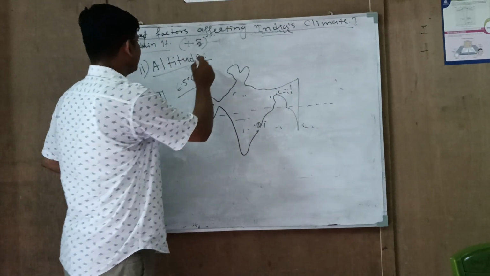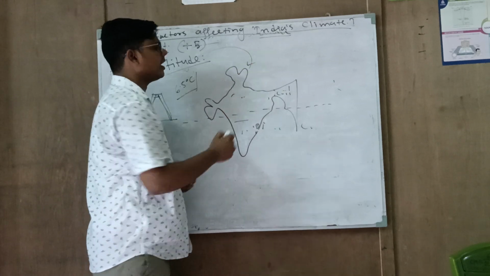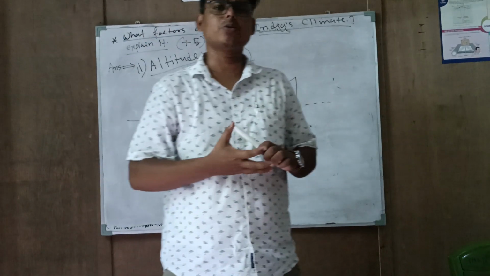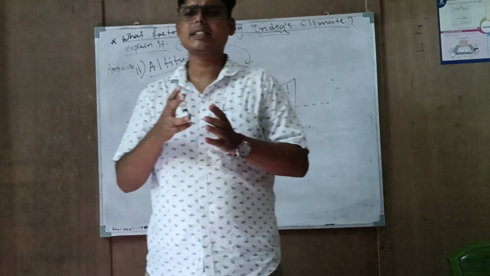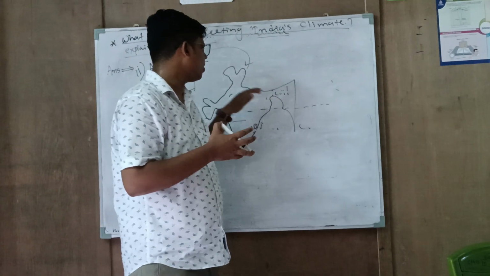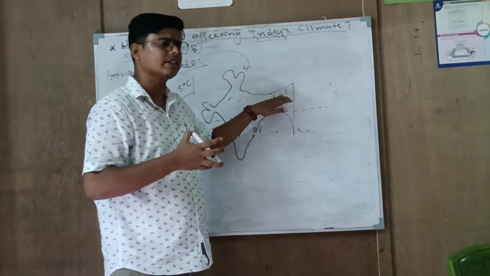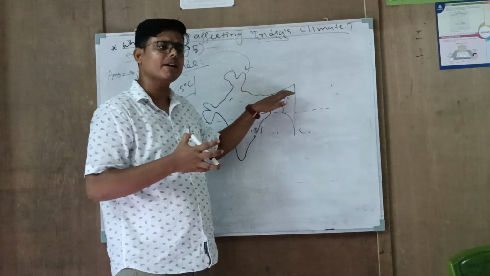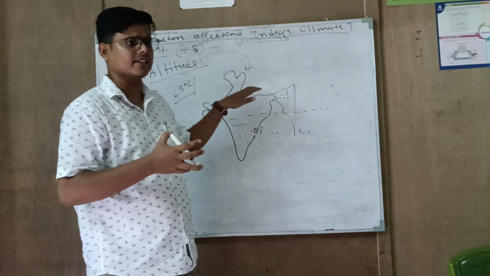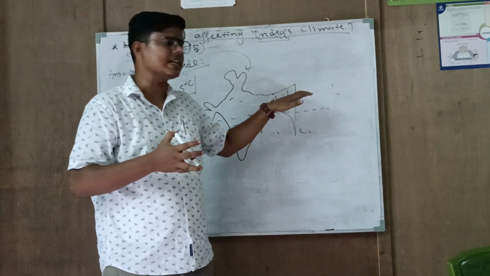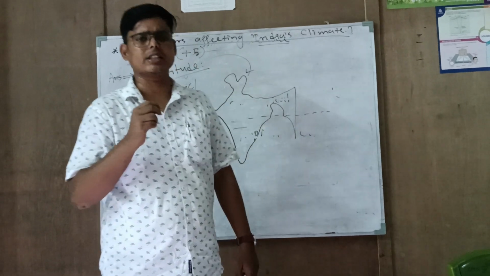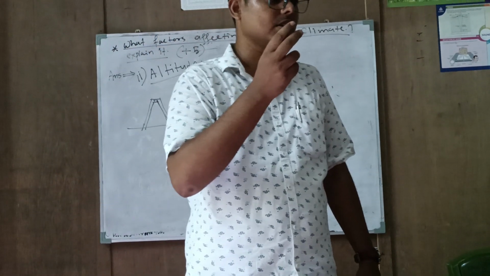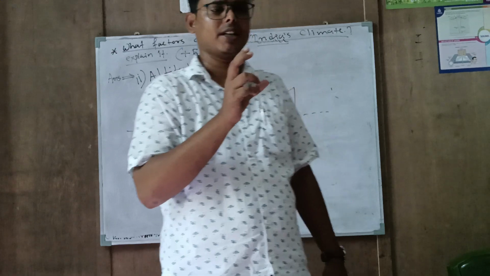So if I apply it to India, that is, how altitude controls the Indian climate, then in the north and northeast of India, the Himalaya mountains are present, yes or no? The average height of the Himalaya mountains is 6,000 meters.